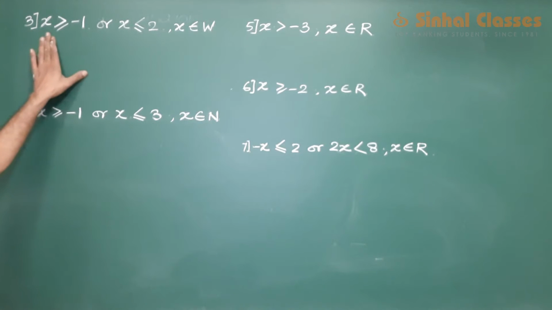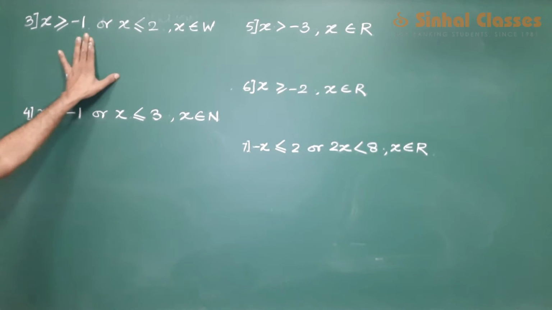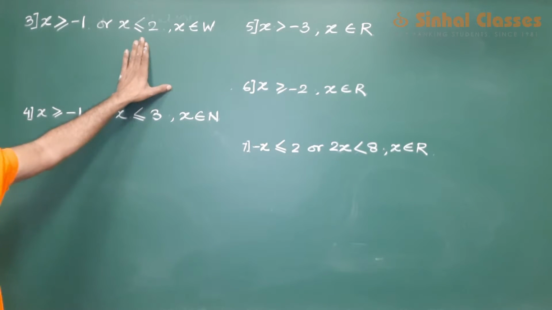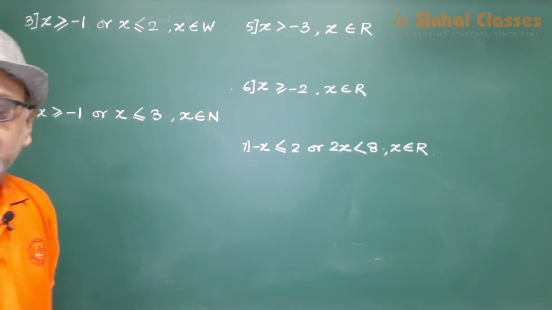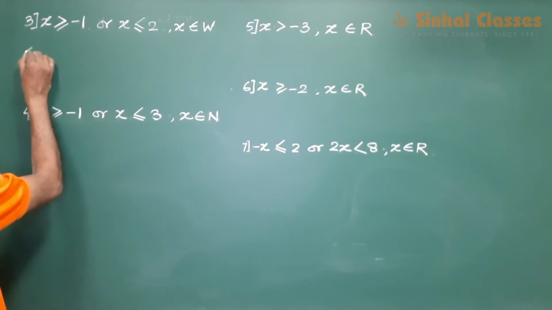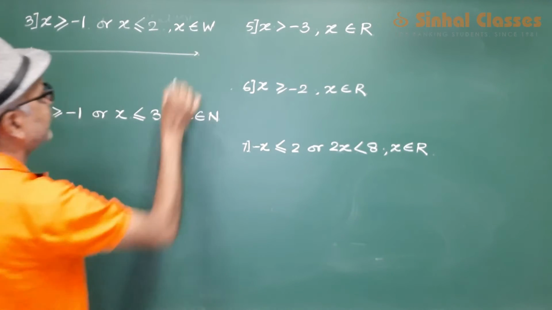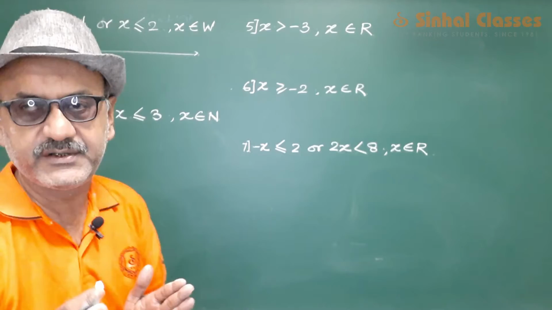We are given that x is greater than or equal to minus 1 or x is lesser than or equal to 2 and x belongs to a set of whole numbers. Now if x belongs to a set of whole numbers, again we draw a number line. Here we are given a range.